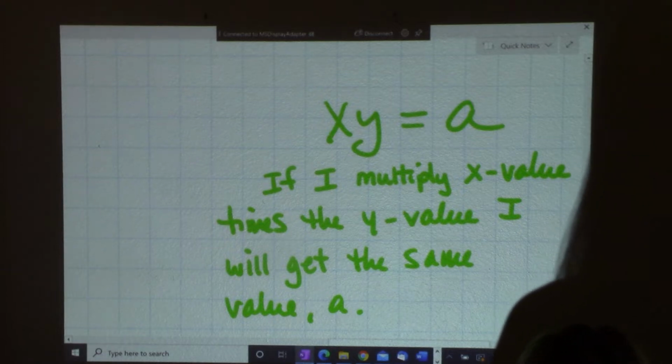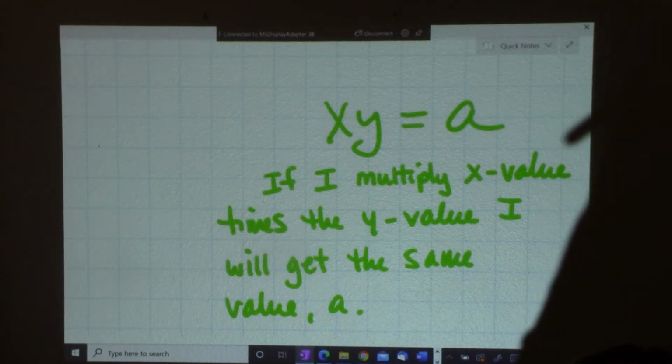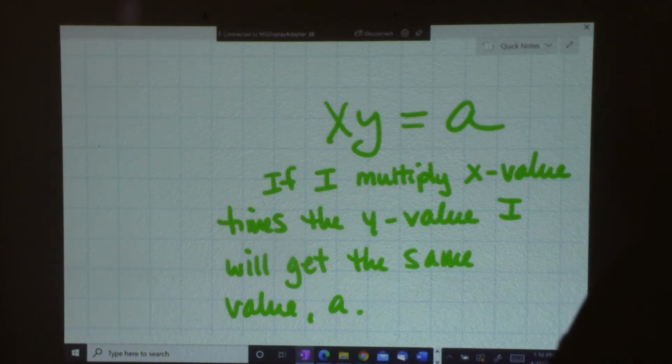So every time I multiply an x by a y, I will get a. It will turn out to be the same number, okay? So that will tell me if it's an inverse. So let's talk about that.